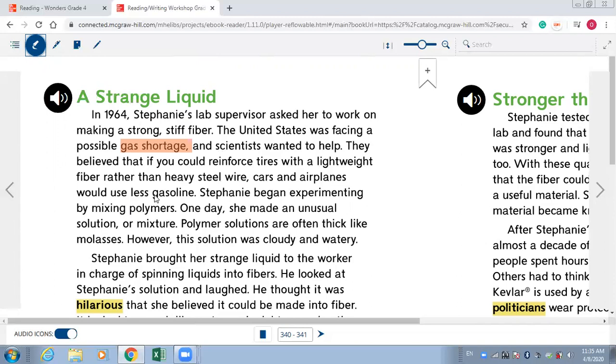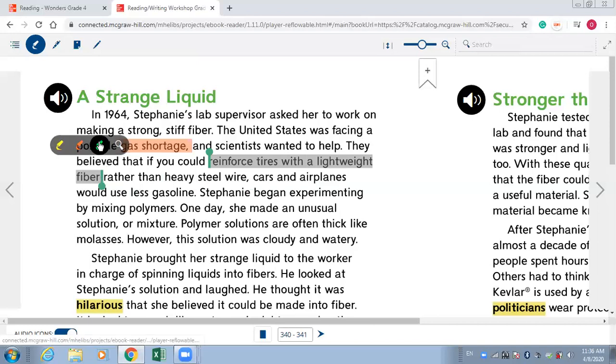Cars and airplanes could use less gasoline. So here is the solution: reinforce the tire with a light fiber rather than heavy steel. Let me stop here.